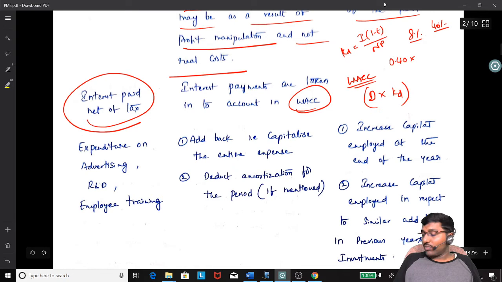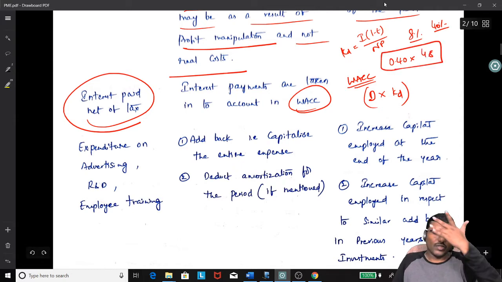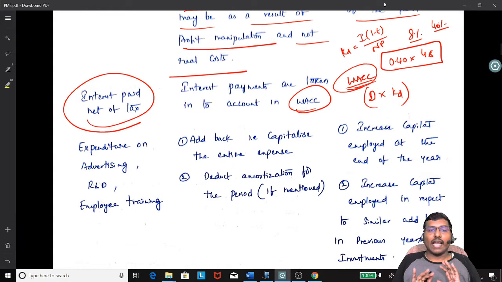So it has to be interest reduced by taxes, because of interest only, now you are paying less tax. So 8 into 40% tax means 8 into 60%. That will be your net of taxes. So you need to take 4.8 only and not 8%. Interest paid net of tax must be taken when you are calculating WACC. So interest reduced by tax savings.